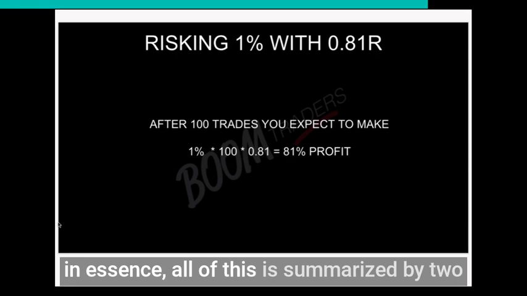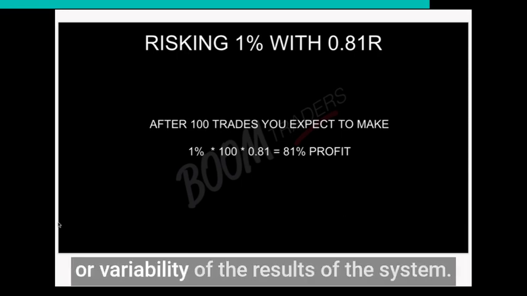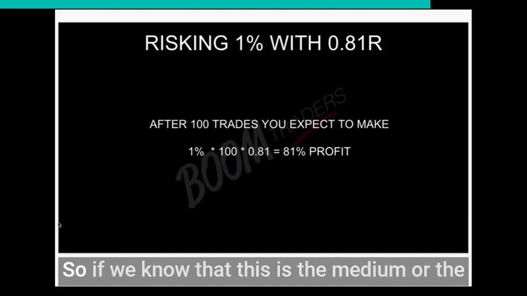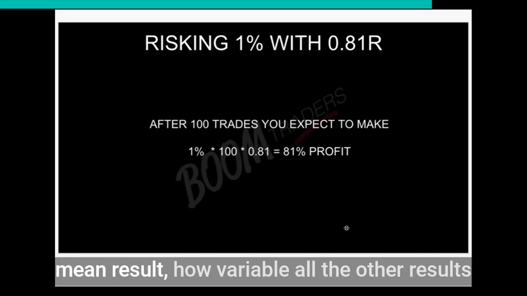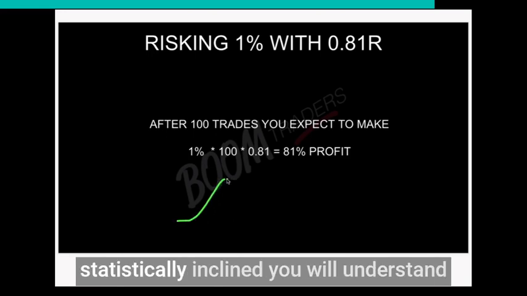In essence, all of this is summarized by two words, and these are standard deviation, or variability of the results of the system. So if we know that this is the median or the mean result, how variable are all the other results that we can achieve within this system? And here, for those that are statistically inclined, you would understand exactly what I mean.